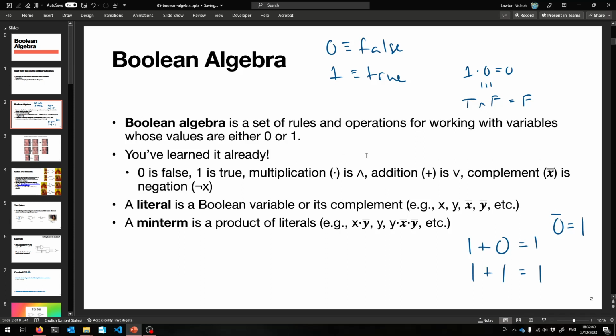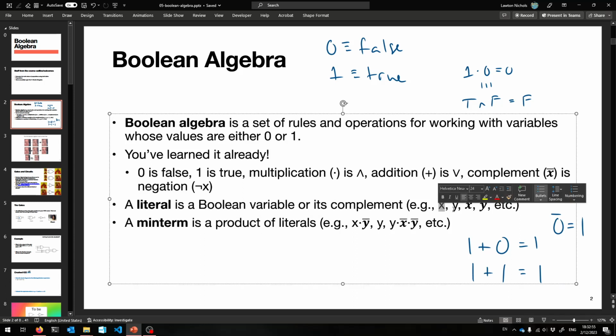And so literals are just single Boolean variables, and then min terms, we call those for a weird reason we'll get into later. A min term is a product of literals. So a bunch of variables or their complements, if you multiply them together, so you're ANDing them all together, those are min terms, all right?